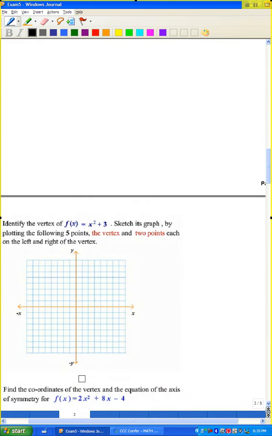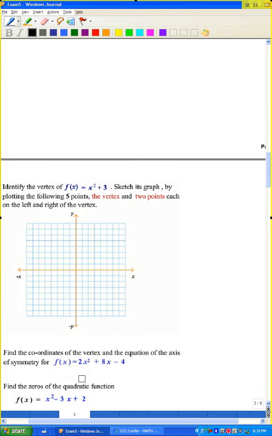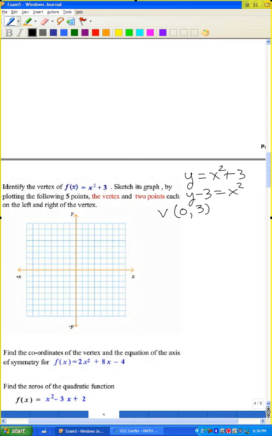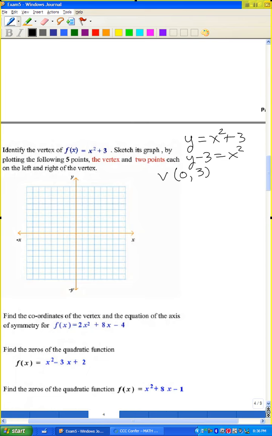Okay, so identify the vertex and plot 5 points. So this is y equals x squared plus 3. Subtract 3 from both sides. So the vertex is at 0, 3. And so let's plug some points in. -2, -1, 0, 1, 2.